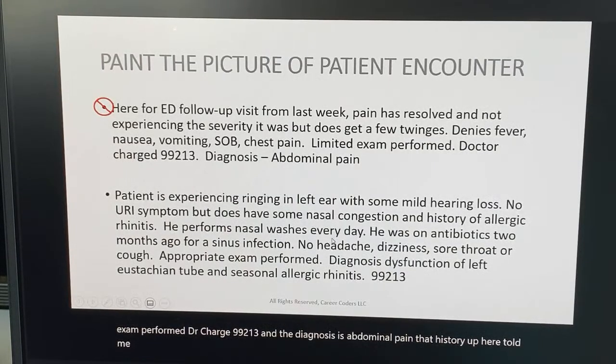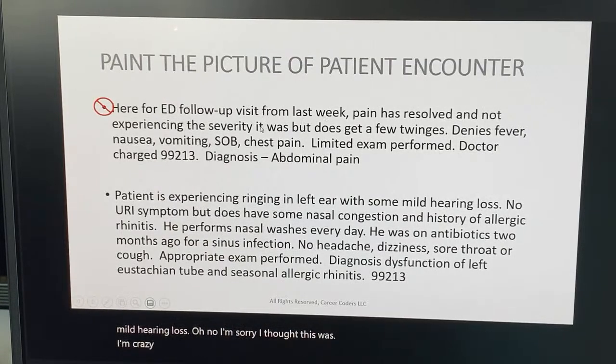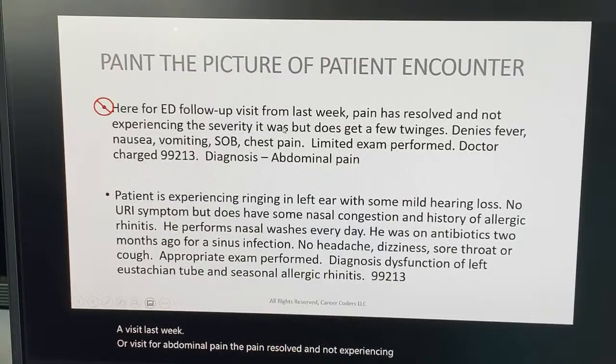This is the way it should say. Oh no, I'm sorry, I thought this was the other one. Okay, so up here, what he needed to say is that he was following up for an ER visit last week for abdominal pain. The pain resolved and not experiencing the severity, but does get a few twinges.